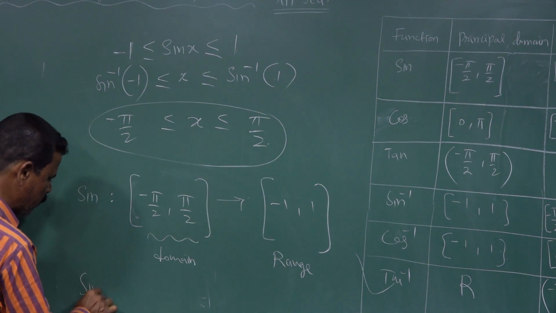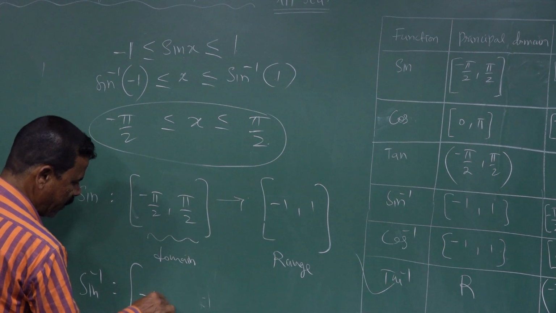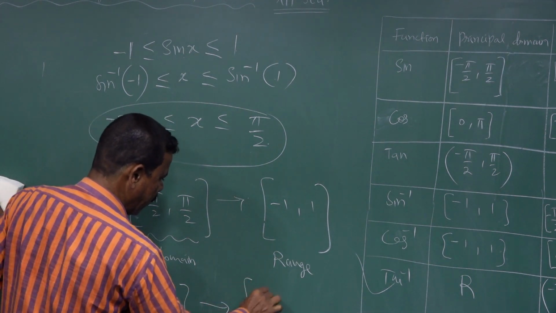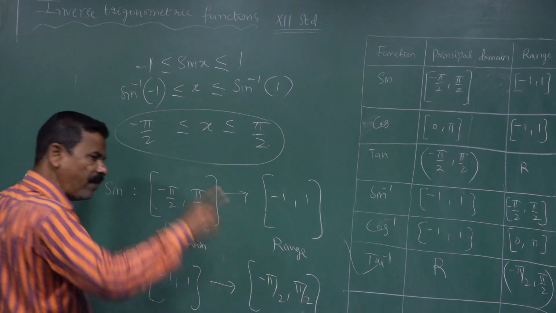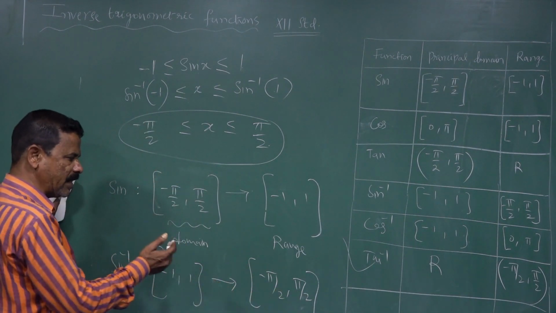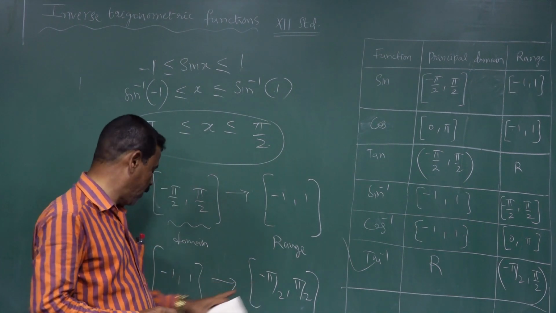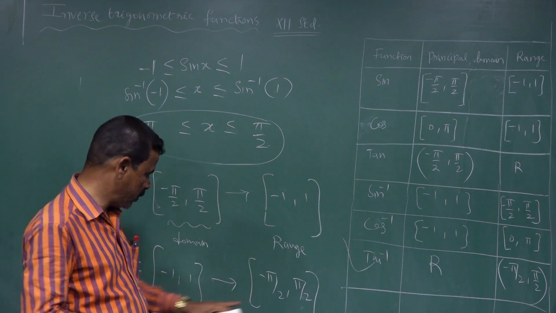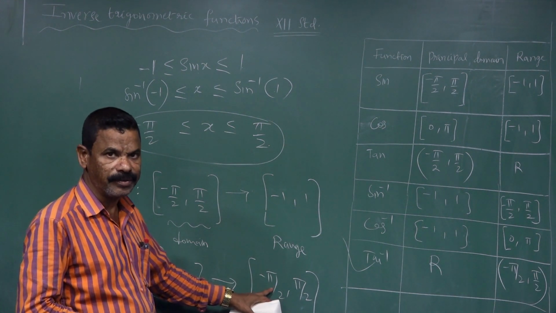And for the sin inverse function, the domain is minus 1 to 1, and the range is minus 90 to plus 90. After this there are many values, but it is reduced to minus 90 to plus 90 compulsorily. It is called one branch of the sin inverse x function. So this is the principal value. This is the principal domain. This is the principal value, otherwise principal range.